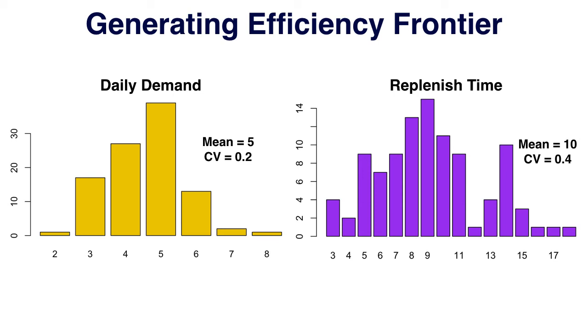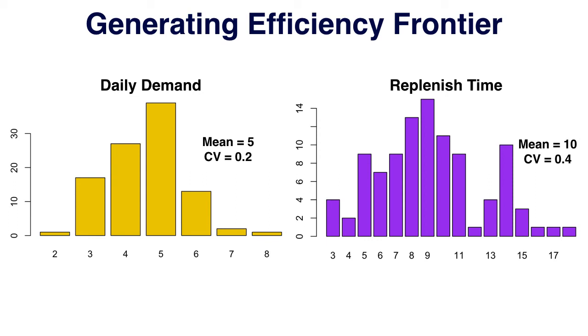So this is the demand distribution with a mean of 5 units of demand, with a CV, the coefficient of variation, of 0.2. Well, there are different ways in which you can measure variability: standard deviation, variance, which is standard deviation squared, or CV, which is standard deviation over mean. CV equal to 0.2 here.